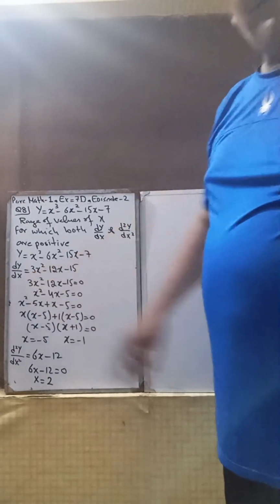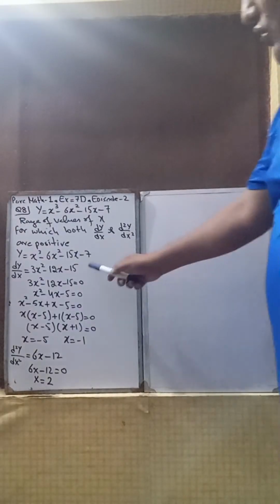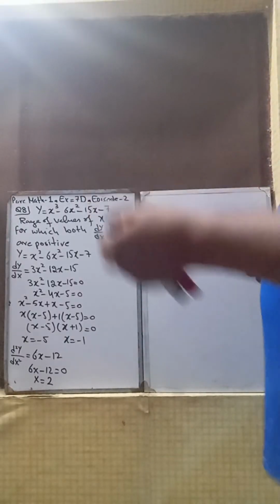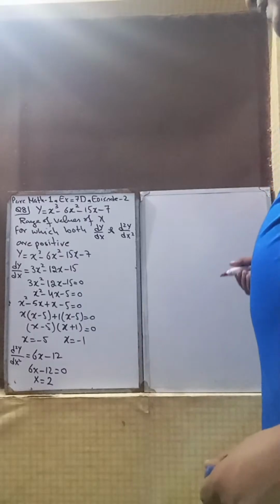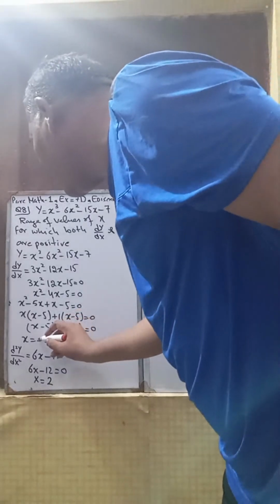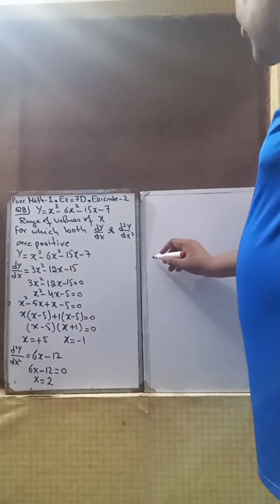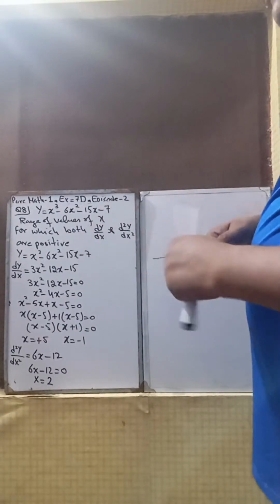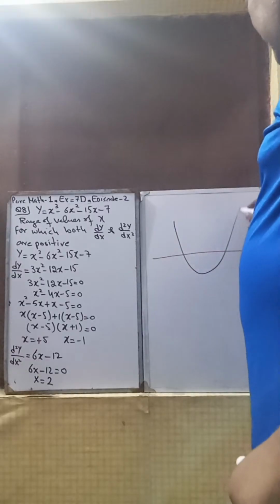Its x square coefficient is positive, so it's a happy face, and I know its x-intercepts are these. Just a rough sketch. Sorry, this is positive 5. So this graph is a happy face, and it will be something like this.